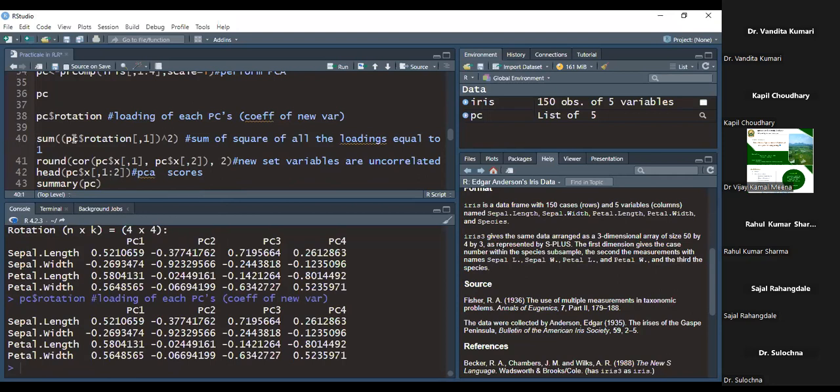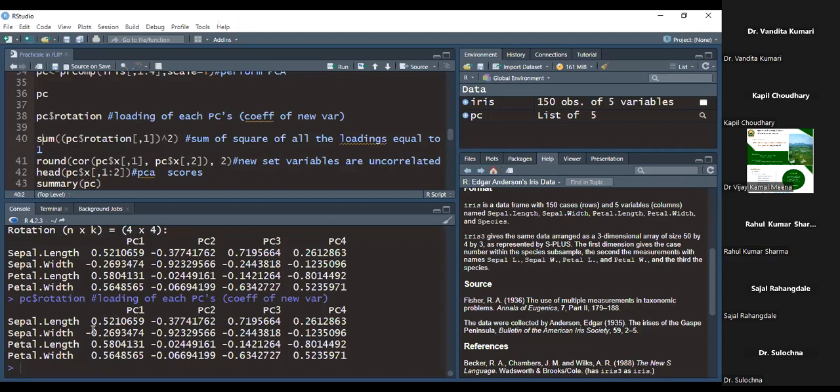So let's test how this principal component was performed. As you can recall, the sum of the squares of all the loadings equals 1. So let's sum all the factor loadings of the first column, sorry.